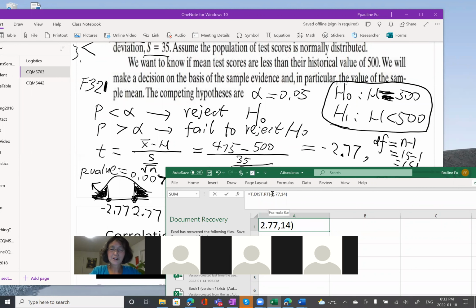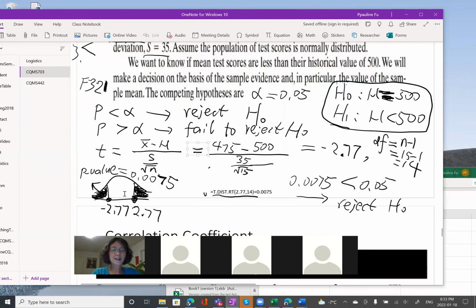So it must be positive 2.77. Our objective is to find the area, and we know the left tail area equals the right tail area. Thank you for that question. Any other questions?